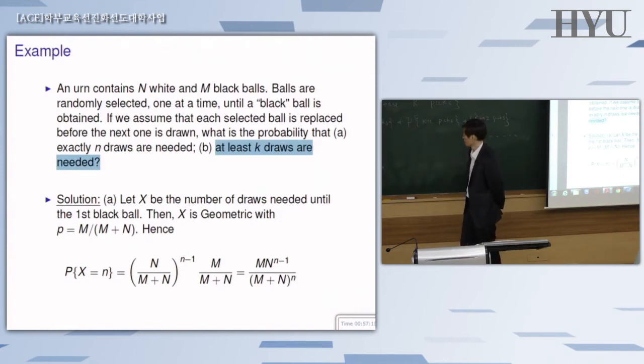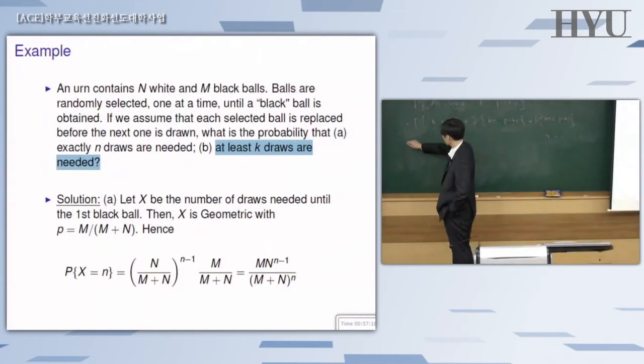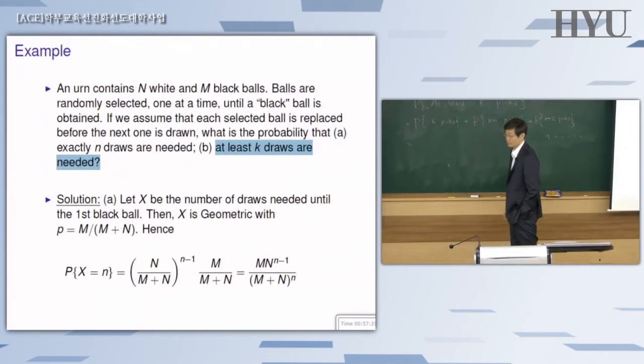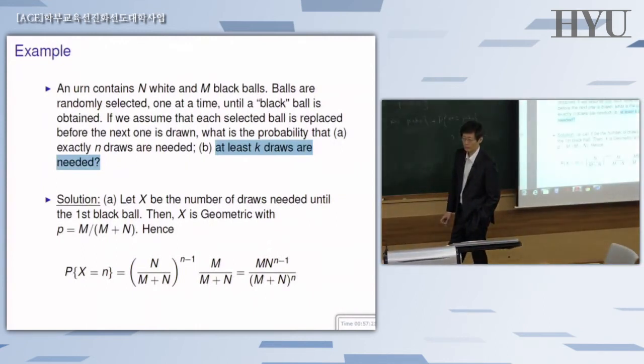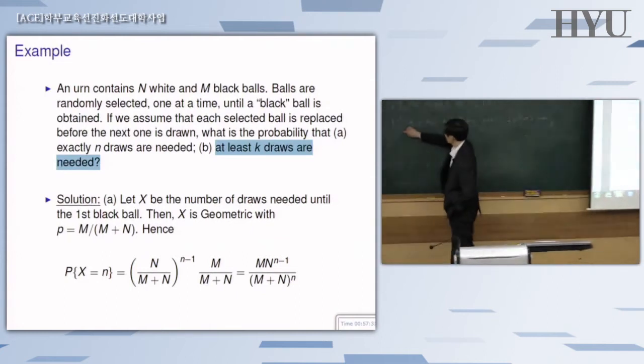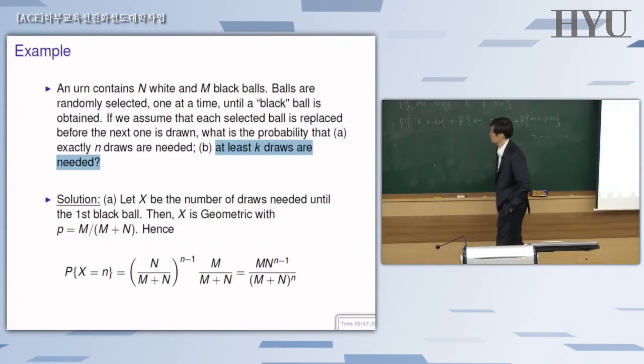Either one of these. So what's the probability of the first? K picks occurs with what probability? So I'm asking, what's the probability of that?